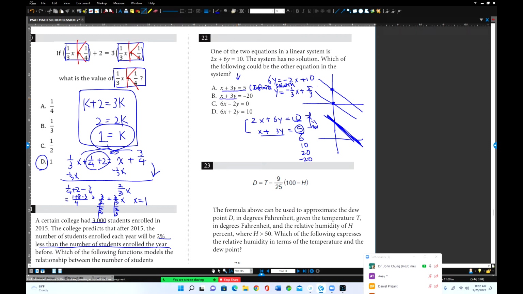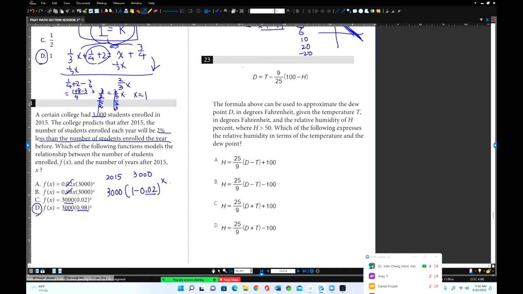But it's the same slope, but different numbers over here. That is not divided by 2, which is what? Negative 20, totally different. Not equal to 5, okay? This one is infinite solutions. This one is no solutions. They are parallel but different y-intercept. Okay, all this one is not parallel, okay? Only these two are parallel. So choice B is the answer, okay? Choice A is infinite solutions, because the lines are the same, okay?